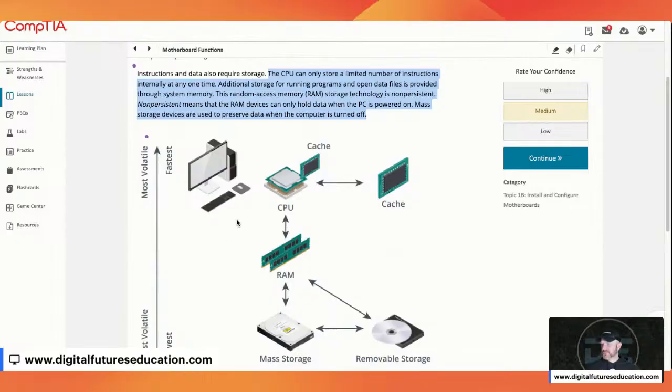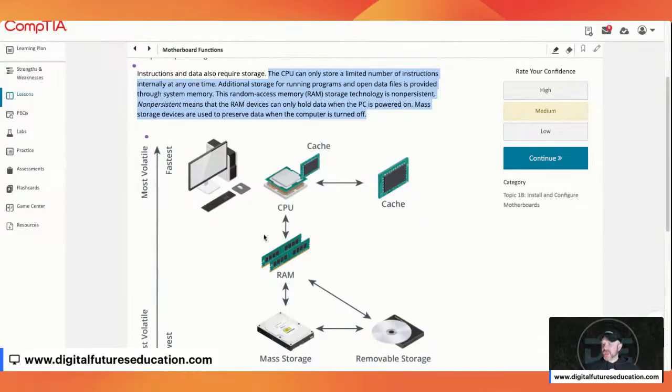So as a system is processing information on the CPU that you see here, which also has cache memory, it's utilizing RAM with its brain of the computer to process data as well. But ultimately, when data is being stored within the computer, it's being stored on the mass storage device or removable storage device, not permanently on the RAM memory.